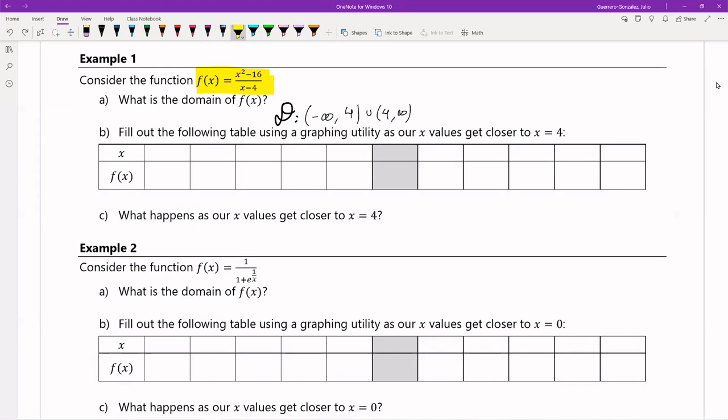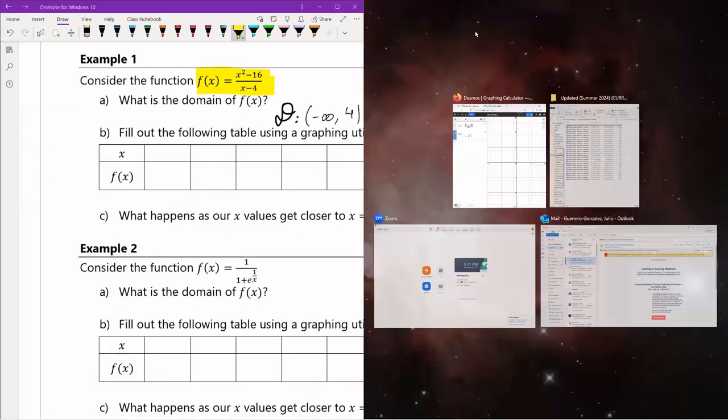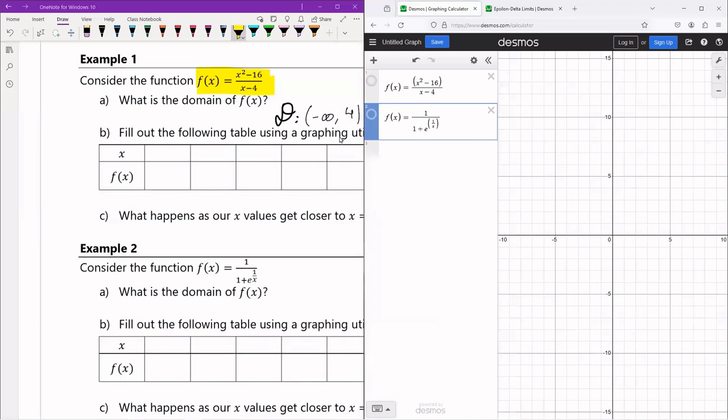So I'm going to use a graphing utility, and I want to see what's going to happen as we get closer to 4, okay? So I'm going to bring in Desmos. I'm going to split my screen now, and I've already got the two examples that are coming up here.